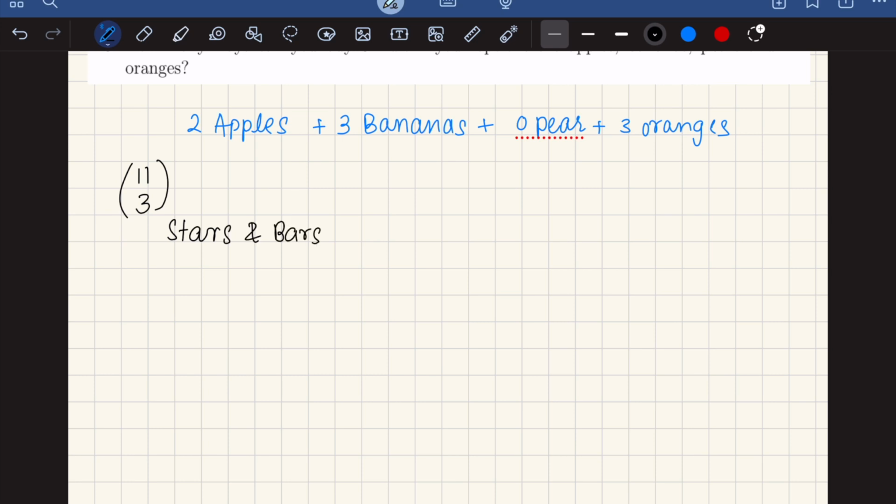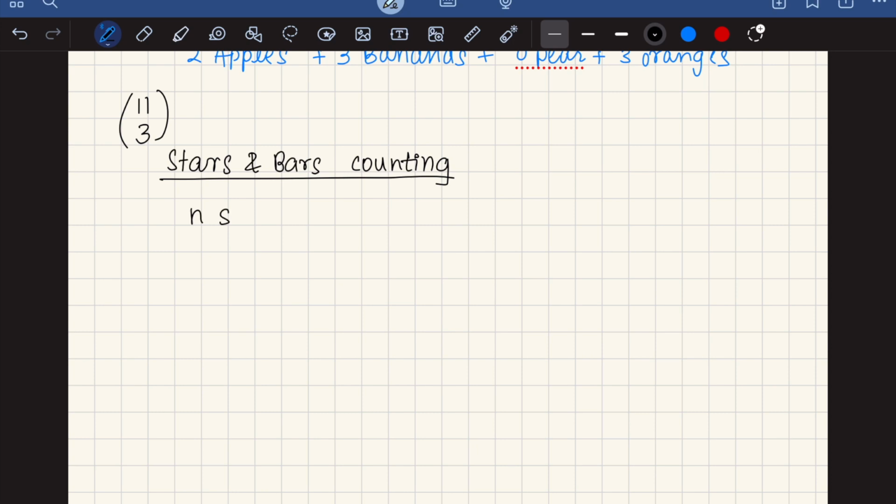The problem is that you have n stars and you have k bars, or you want k partitions. So let's say I have these many stars and I want to make 3 partitions of them.